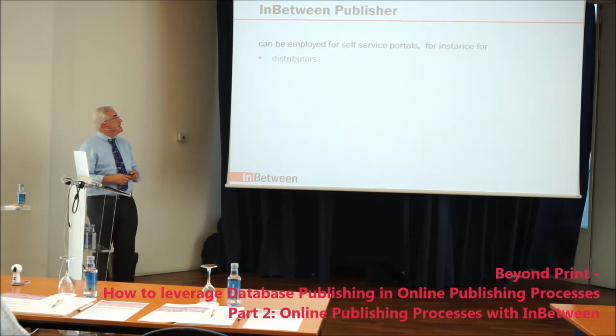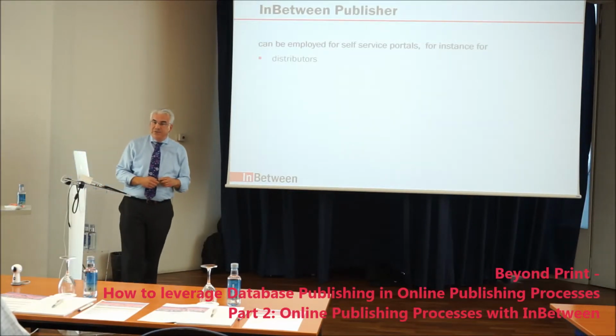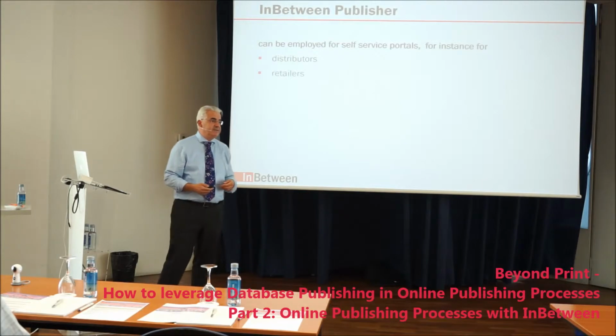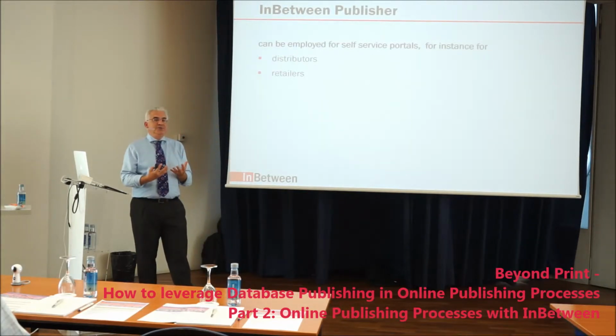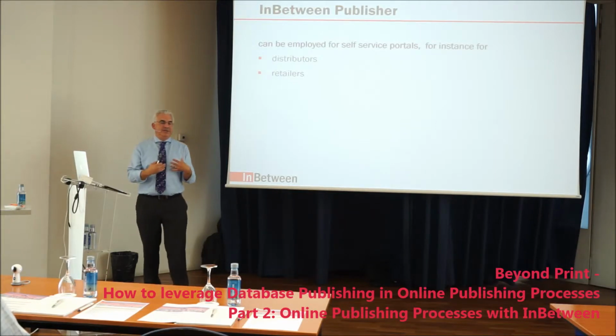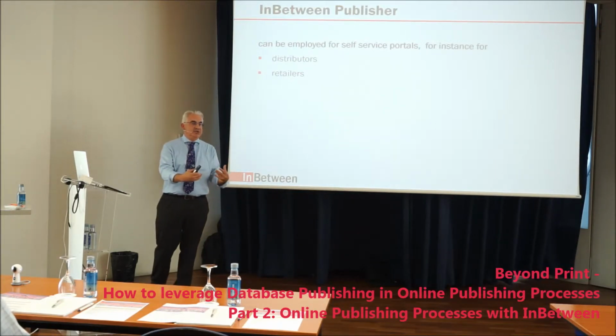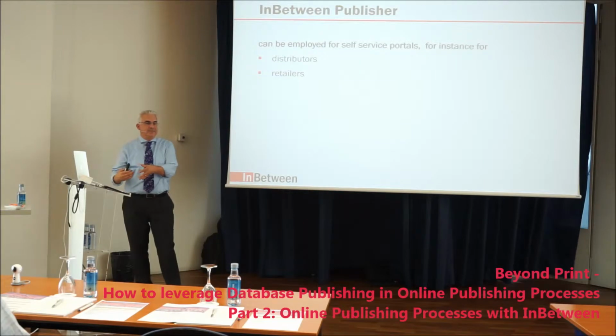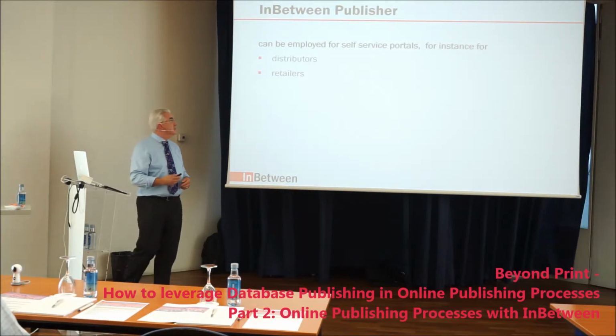This means InBetween Publisher can be employed in self-service portals, for instance for distributors and dealers. A distributor can log into the self-service portal and get his publications with his prices in his language and his layout. We can manipulate that in the background.